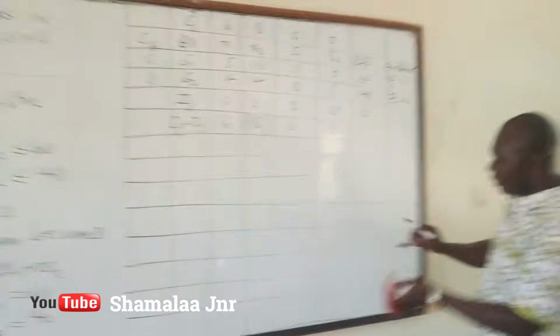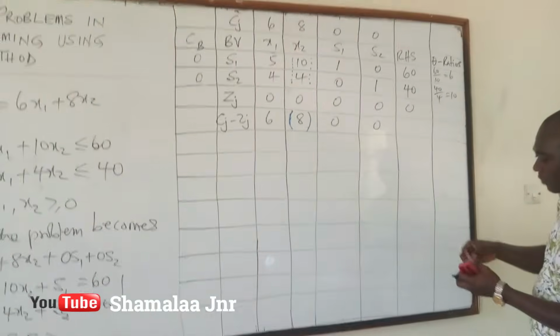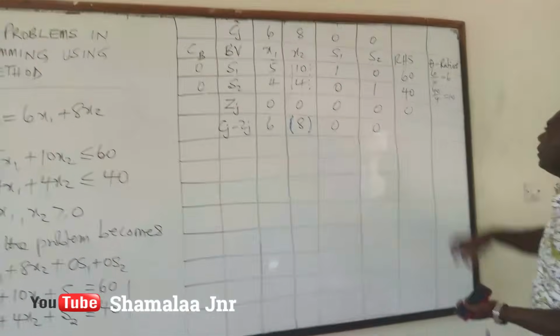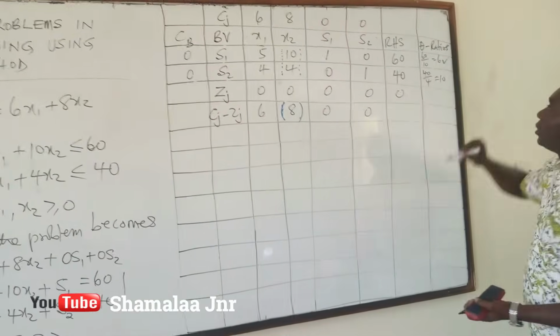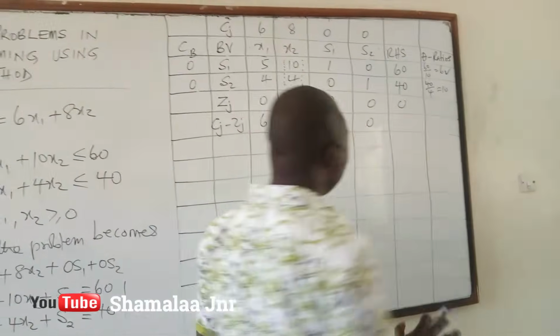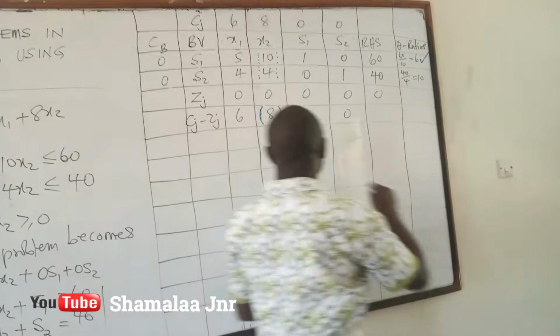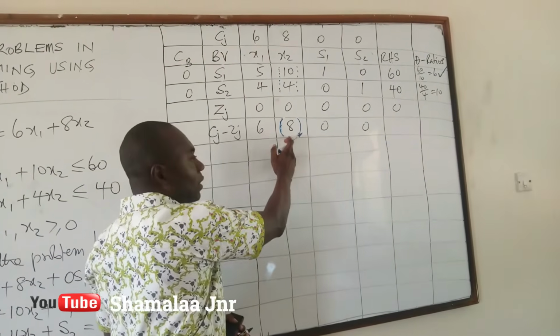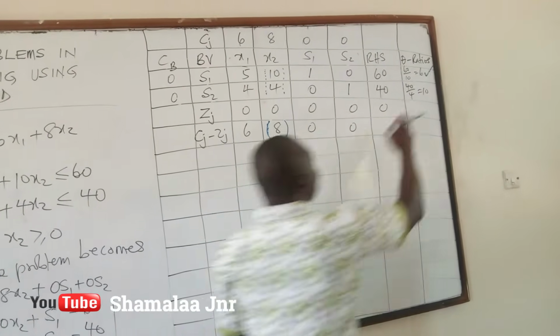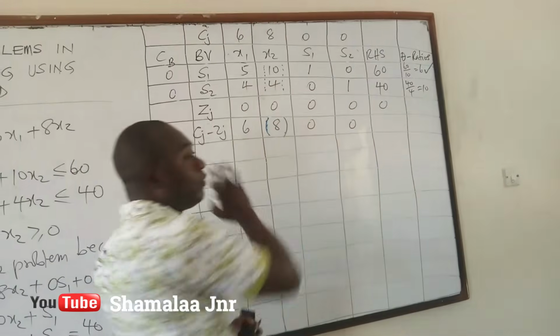So if S1 has lost, S1 must leave the basis, and this position will be taken by S2. So this is the leaving variable. So X2 is the entering variable, and S1 is the leaving variable.